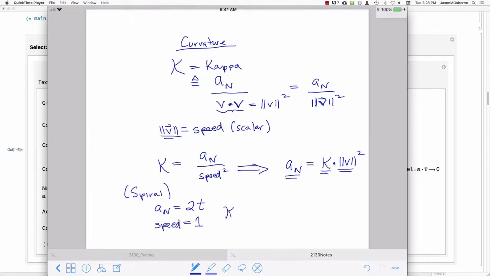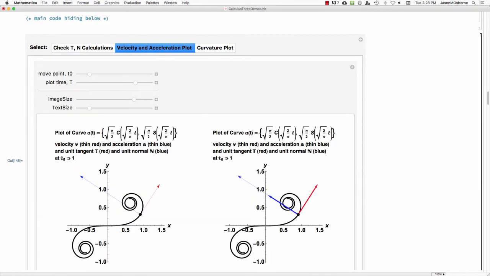So what we're finding here for the spiral, the curvature was 2 times t, which meant that the longer you stay on the curve, the more curved the curve gets. If you look at this plot here, the more you follow the curve, you're getting into this tighter spiral.